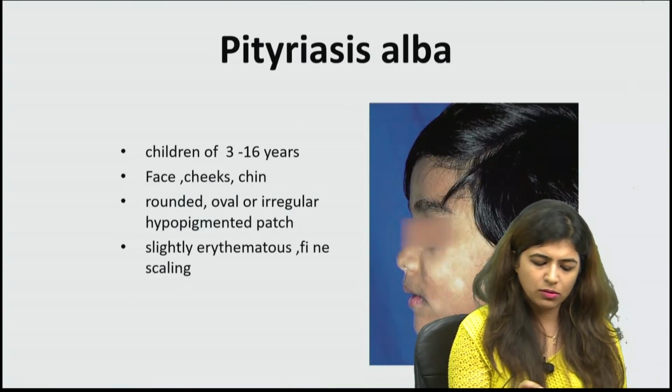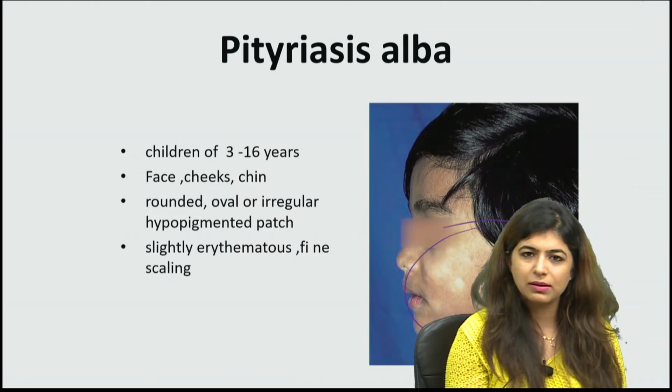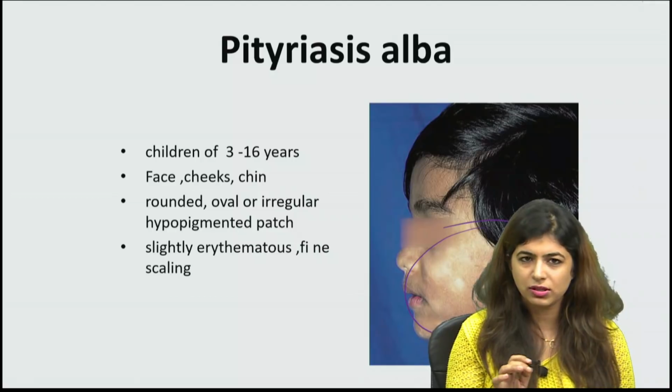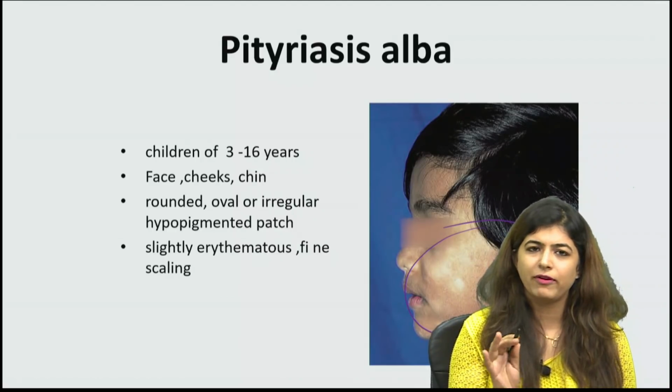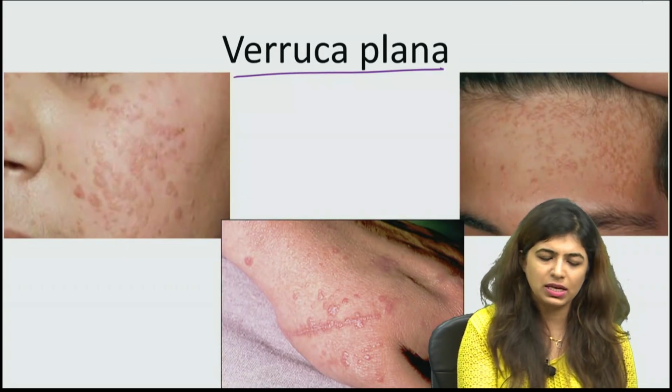Now, moving on to pityriasis alba. This is again an image which is a more classical image. As you see here, multiple lesions on the face of a child with fine scaling. Verruca plana, as was the option, so I have given the images here.